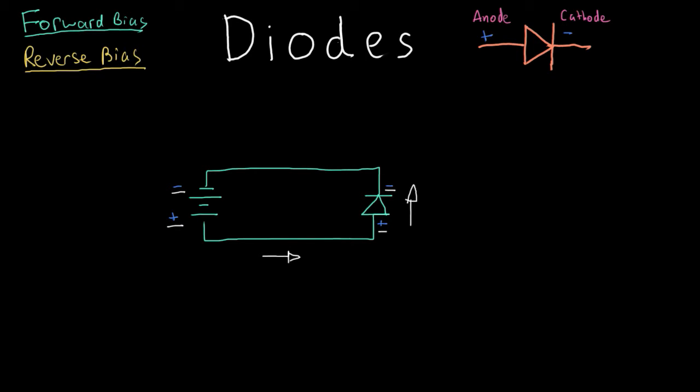Now why is that? Well, whenever we increase voltage in the forward bias, we're going to decrease resistance.